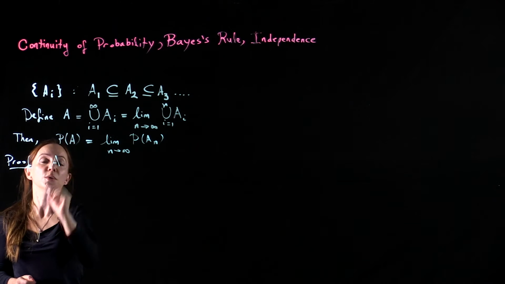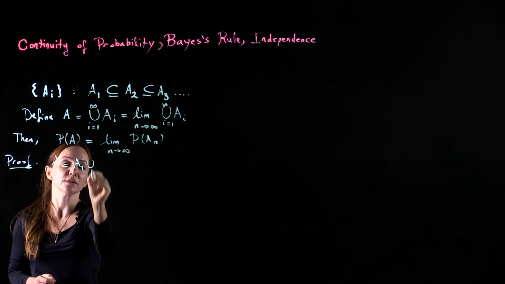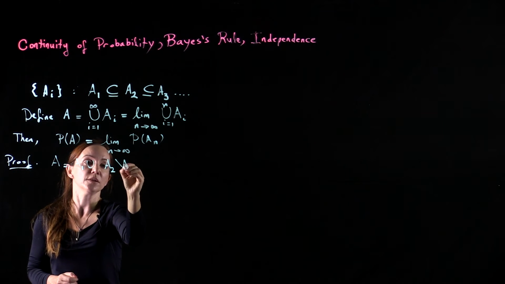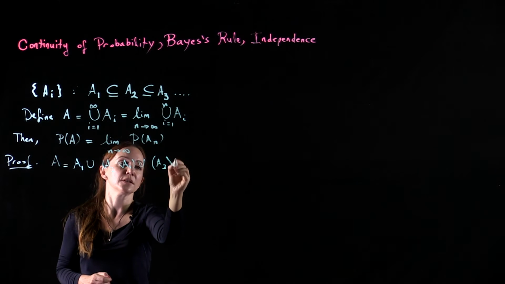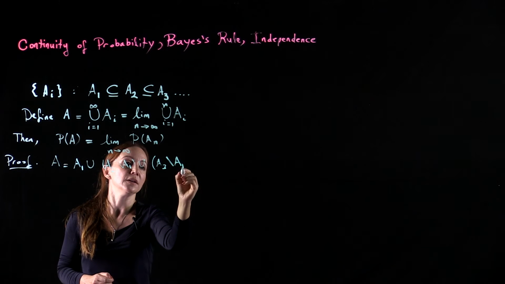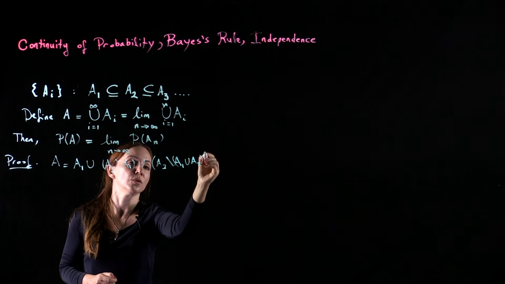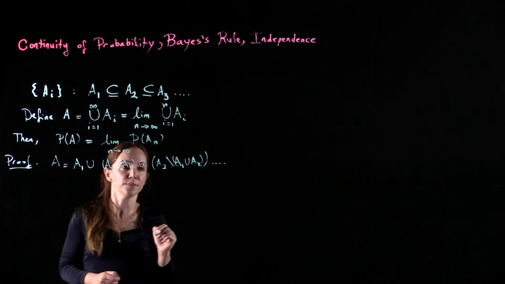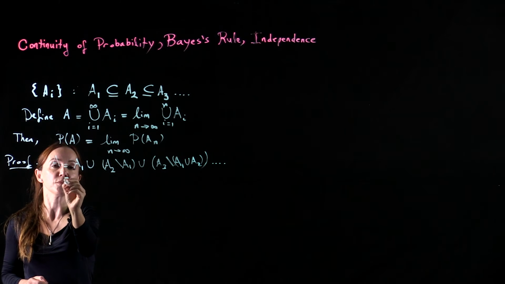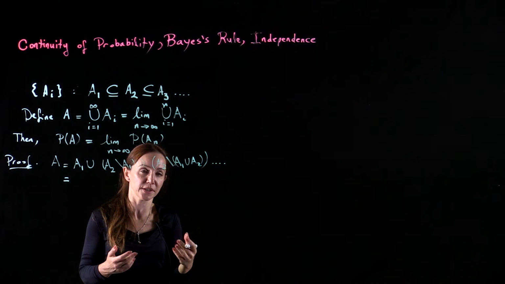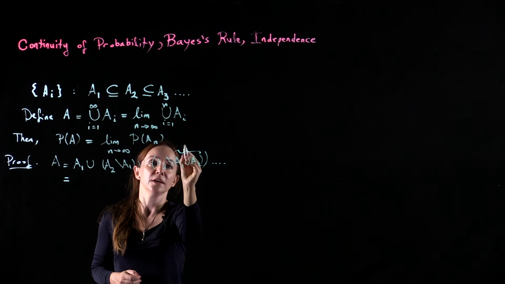Well, we can always express the set A as A1 union (A2 difference A1) union (A3 difference (A1 union A2)) and so on. Okay, but because of the fact that the sets are increasing, A1 union A2 is nothing but A2 itself.